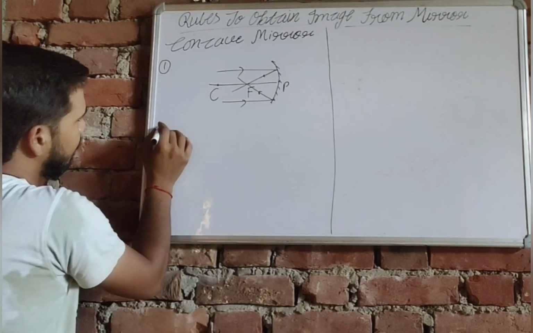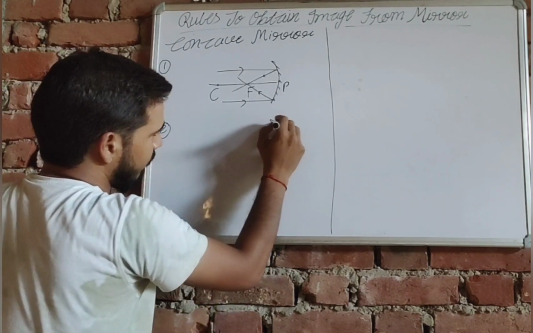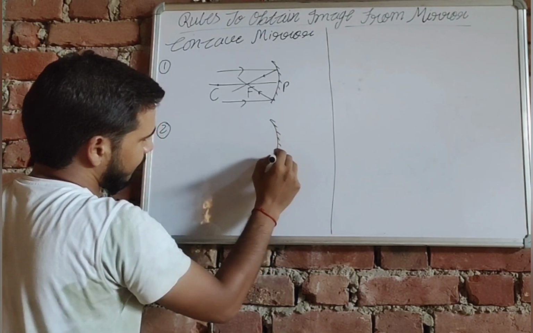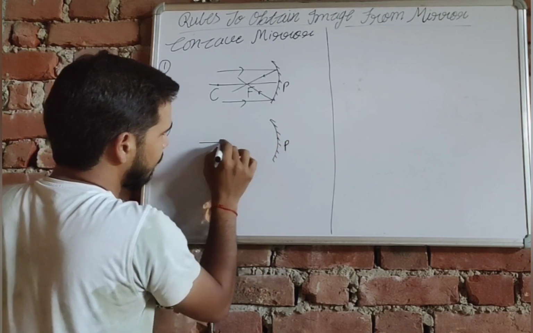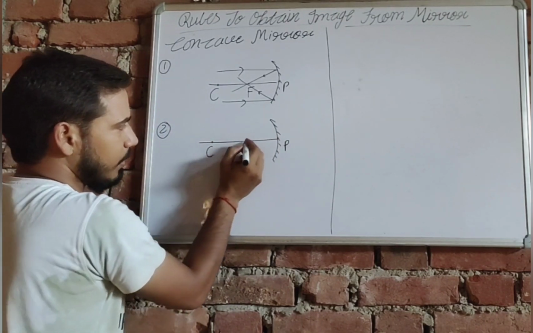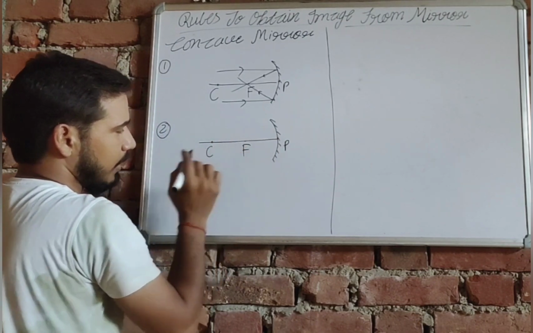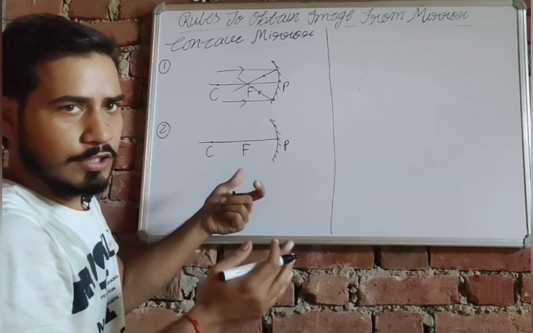The second rule, again we must have a concave mirror. Suppose this is the pole. If this is the principal axis, then somewhere center of curvature and focus F. Just opposite to the first rule.